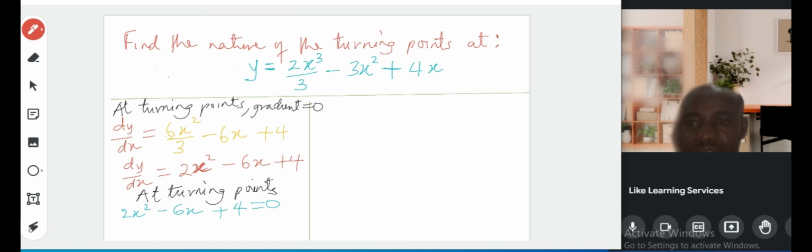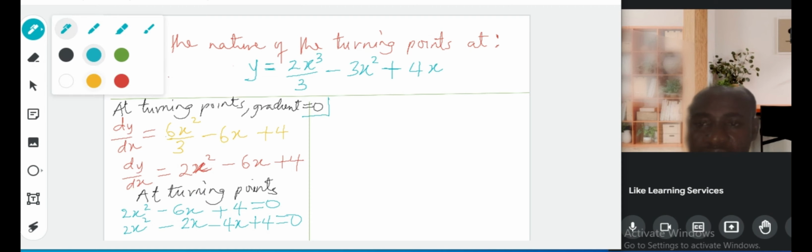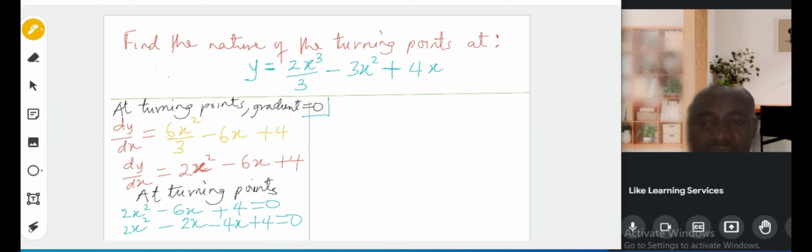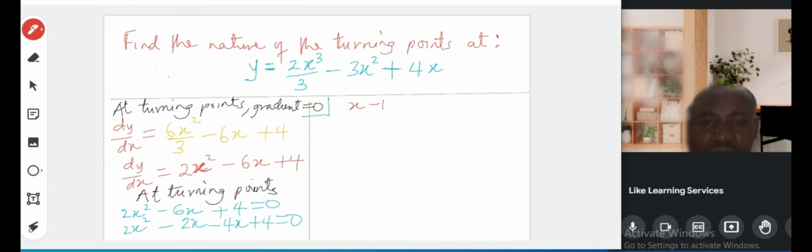So this would have been 2x squared minus 2x minus 4x plus 4 equals 0. By factorization, we just substitute these 2 factors that satisfy the condition. We replace minus 6x with them, and without wasting time, this will give us what I wrote earlier, which is (x minus 1)(2x minus 4) equals 0.